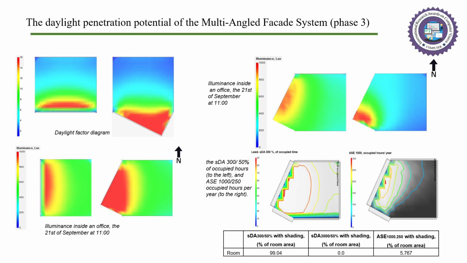According to the figure at the bottom right, the spatial daylight autonomy, 50% of occupied hours to the left, and annual sunlight exposure, 250 occupied hours per year to the right, indicate, according to the LEED certificate, that there is a good amount of daylight and there are no glare problems inside the room.